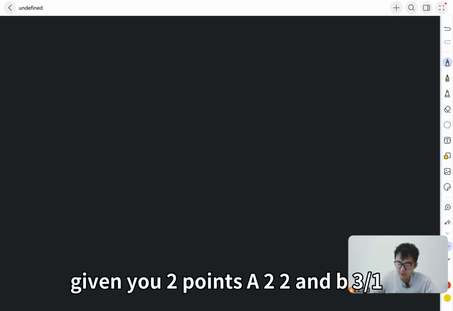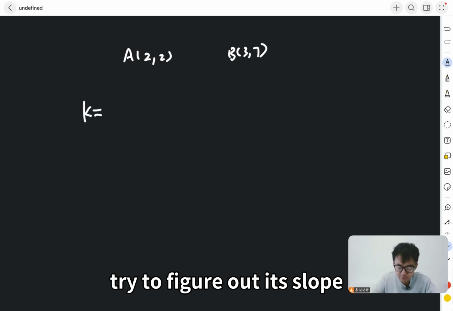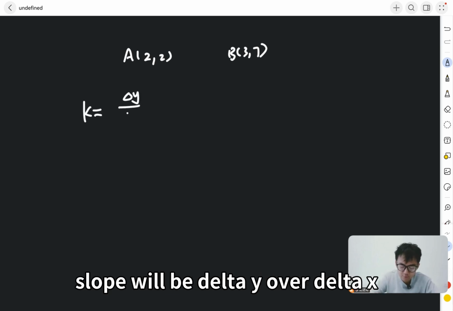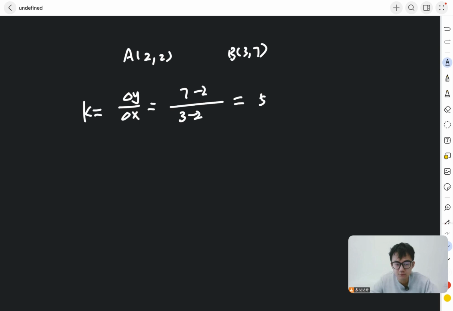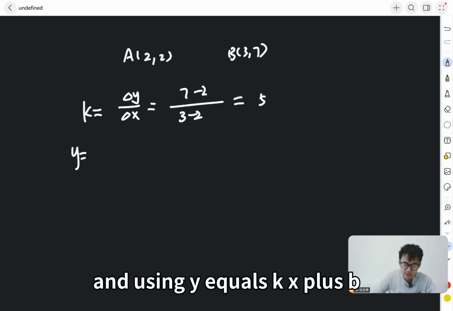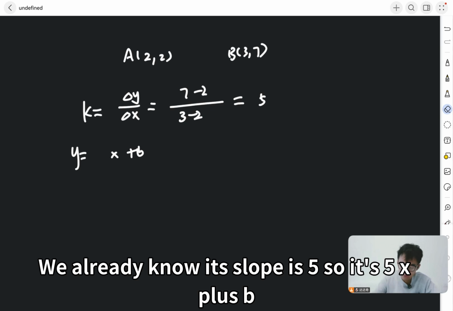Given two points A (2, 2) and B (3, 7). First, try to figure out its slope. Its slope would be delta y over delta x, which is 7 minus 2 over 3 minus 2, so it would be 5. And using y equals kx plus b, we already know its slope is 5, so it's 5x plus b.